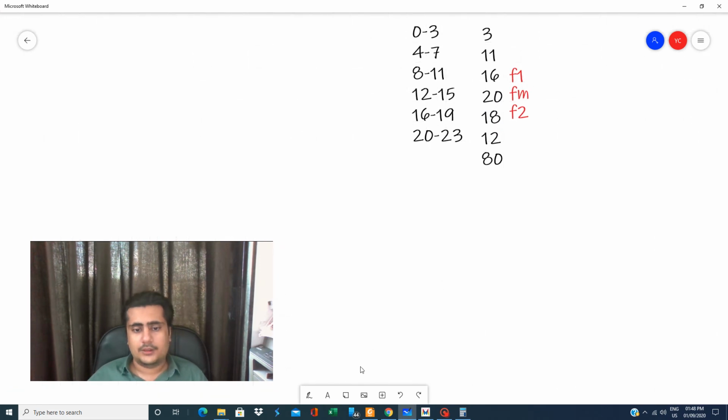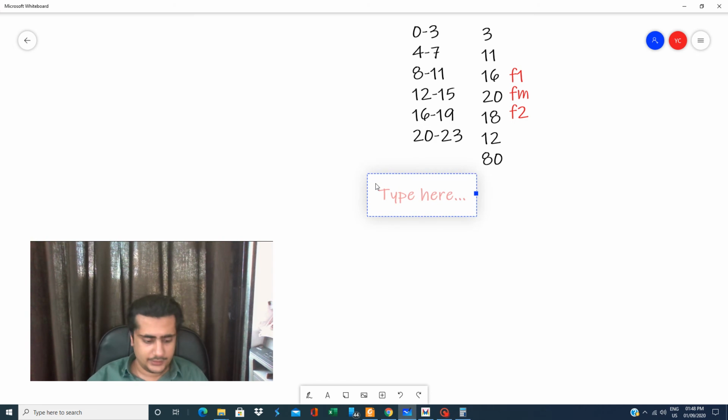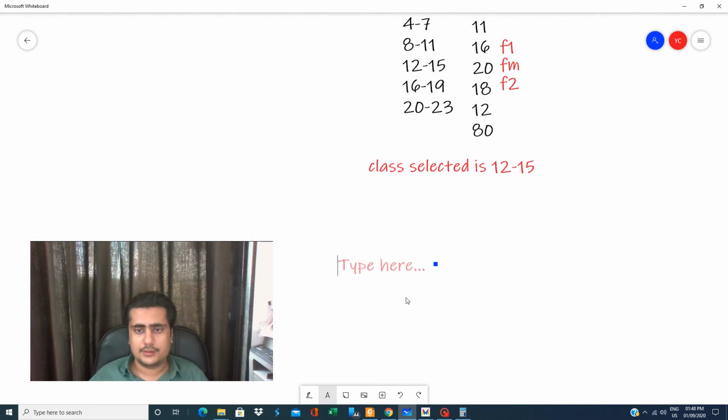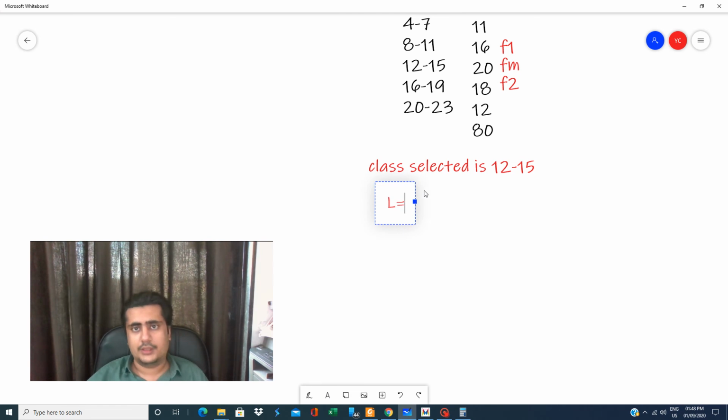Okay. Now let us write what your class selected is. Class selected is 12 to 15. Let us write the digits you need in the formula. You need lower boundary in the formula. What is lower boundary?